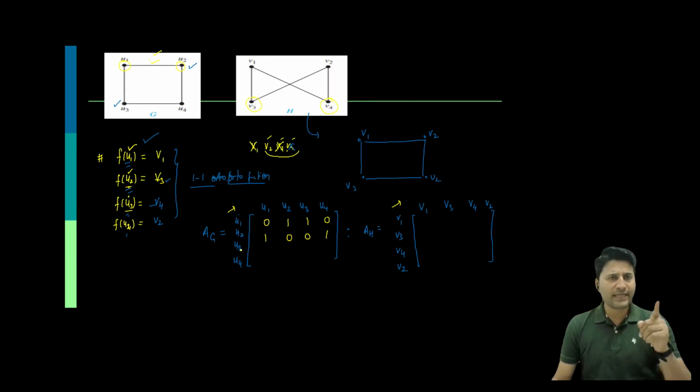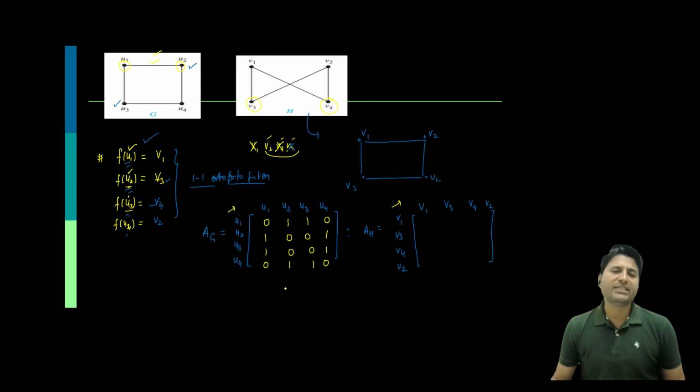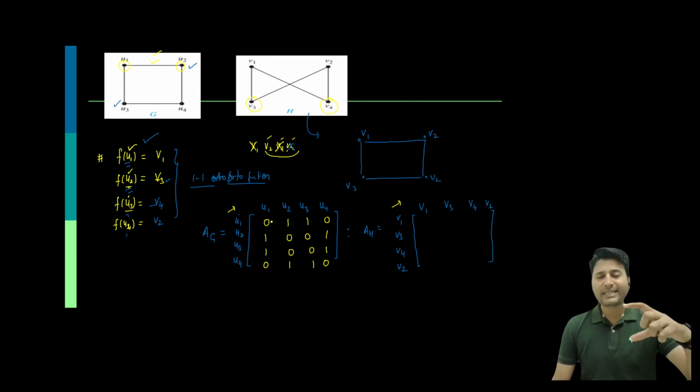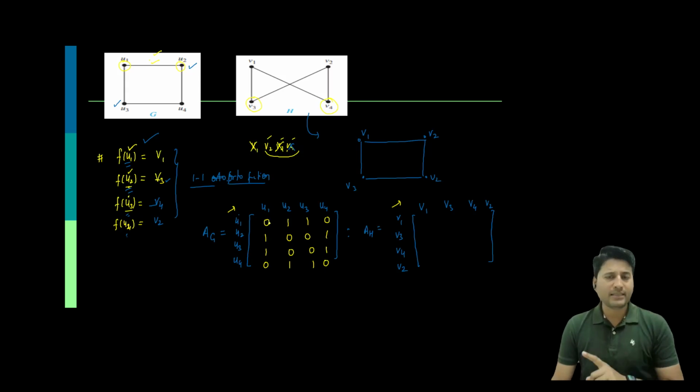U3 is connected to 1 and 4. U4 is connected to 2, 3. This is the adjacency matrix for the graph. If a pair of vertices is connected, 1; not connected, 0.